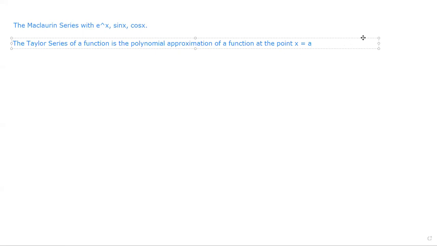And the Maclaurin series is basically just the Taylor series application, but at x equals 0.